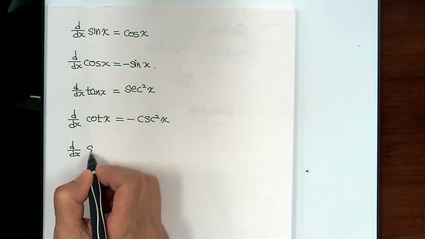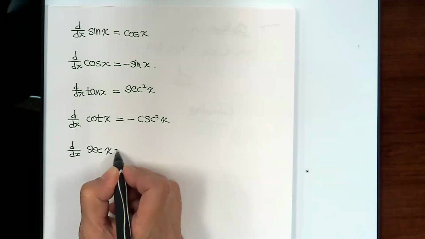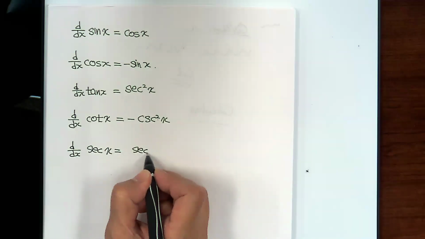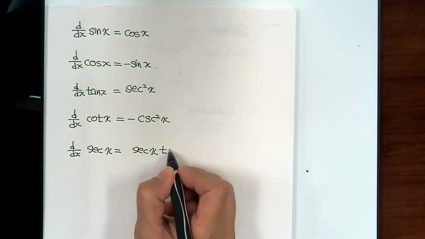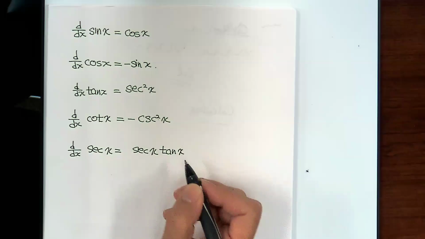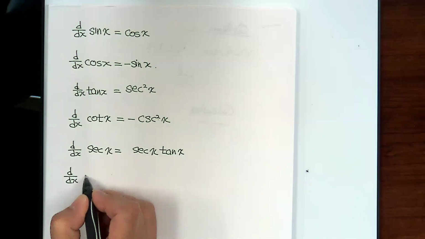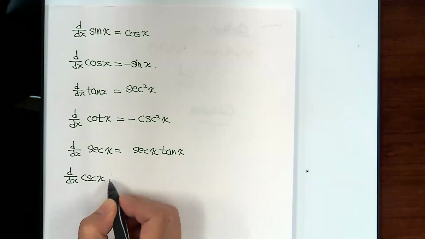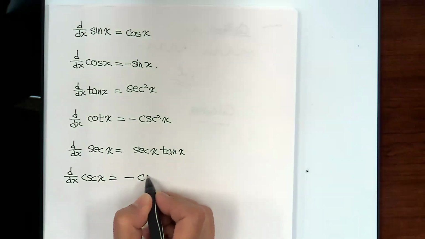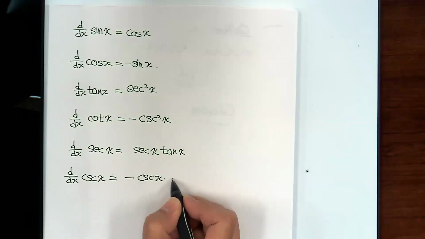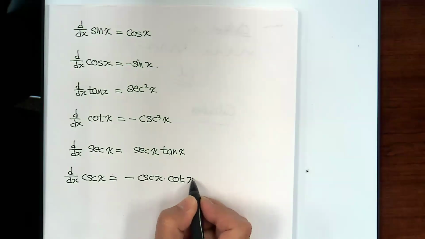And the derivative of secant of x is secant of x tangent of x. And the derivative of cosecant of x is minus cosecant of x times cotangent of x.